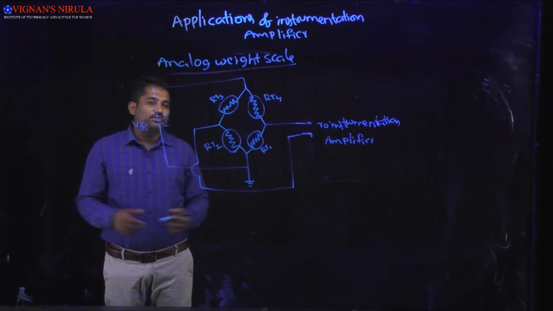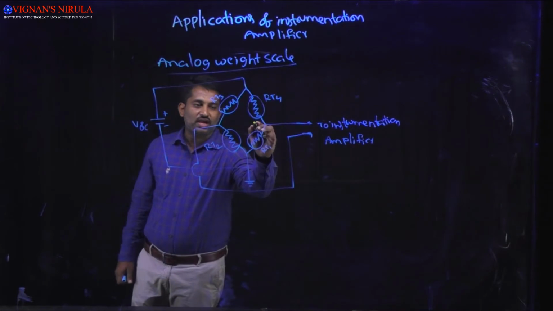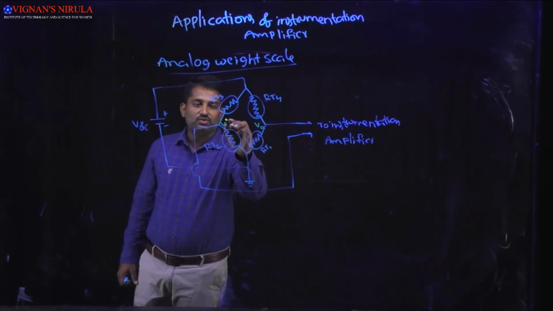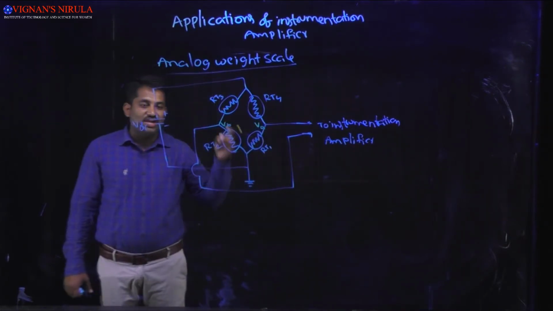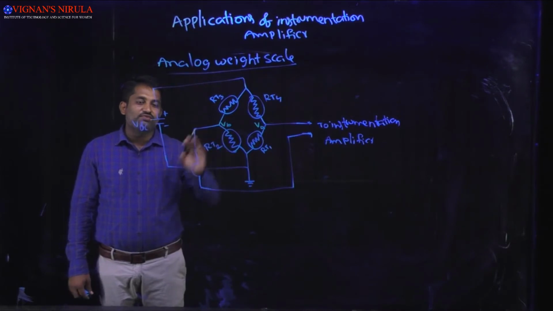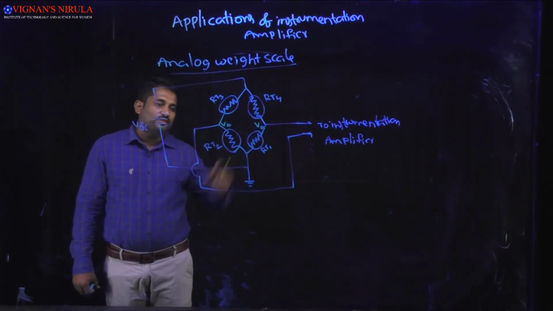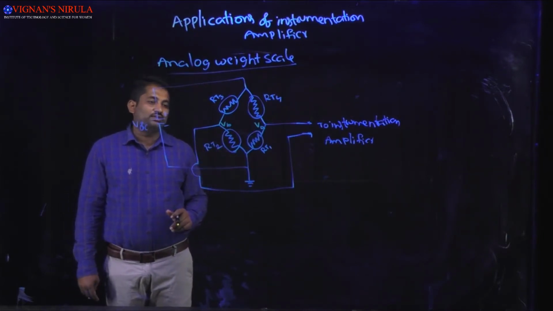So I am going to calculate VA and VB. Once we place the weight on the base of the weight platform, the bridge is automatically unbalanced.